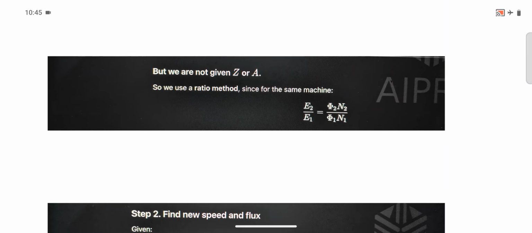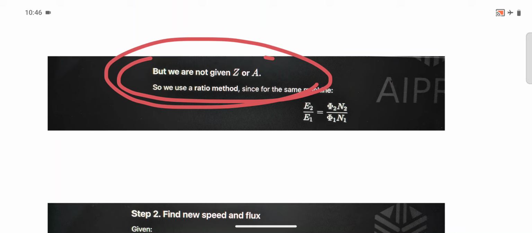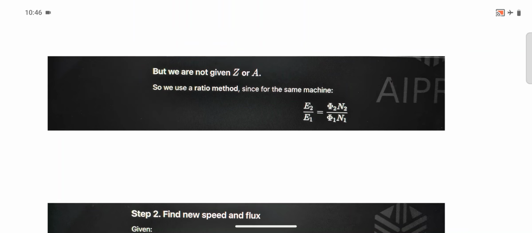In the above equation, we have seen the value of Z or A is not given, and there is no relation given between Z and A. Now, one equation we will use here. We will use the ratio method for the same machine.